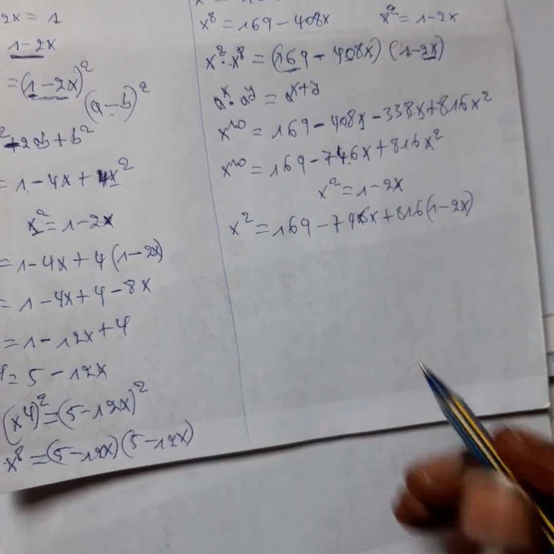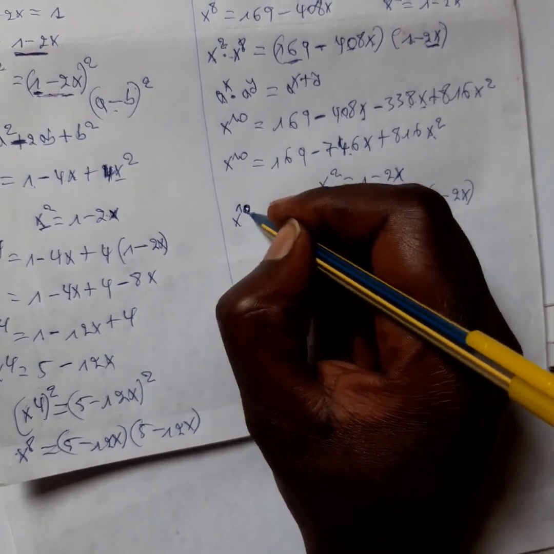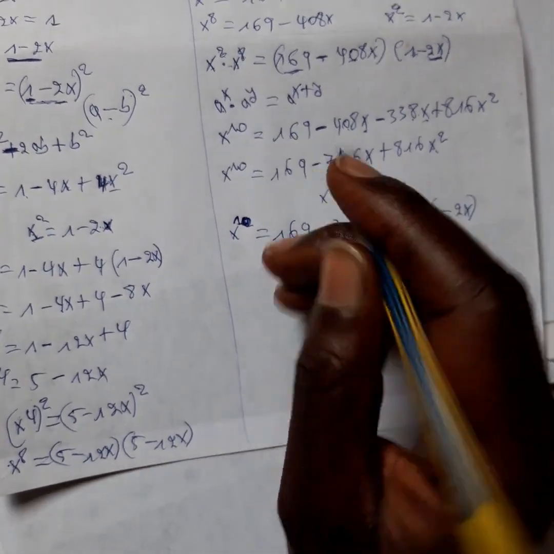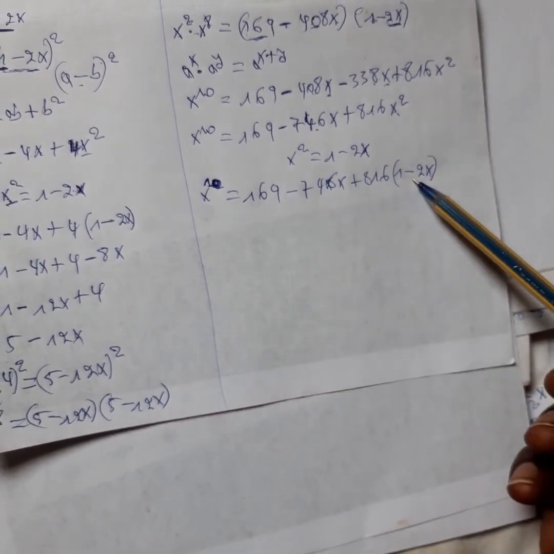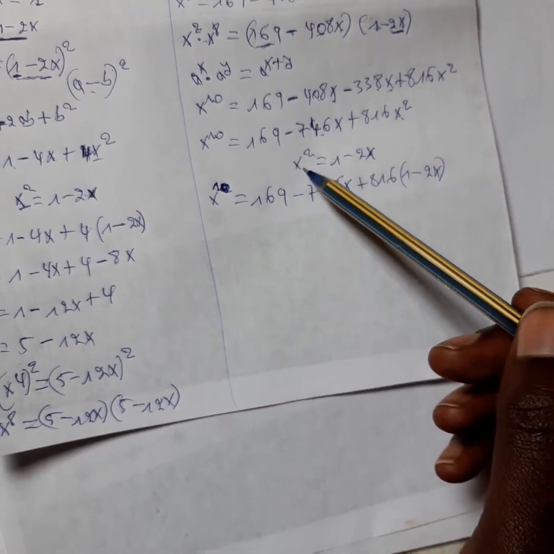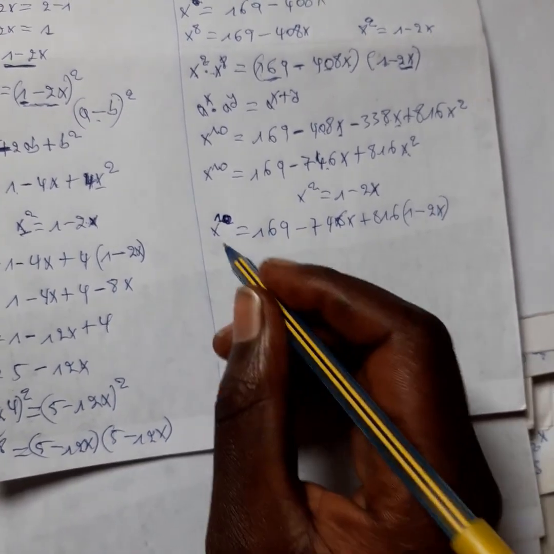So this is the value of x squared. But here we have x to the power 10, so here we replace the value of x squared, which is this one. So let's move on.